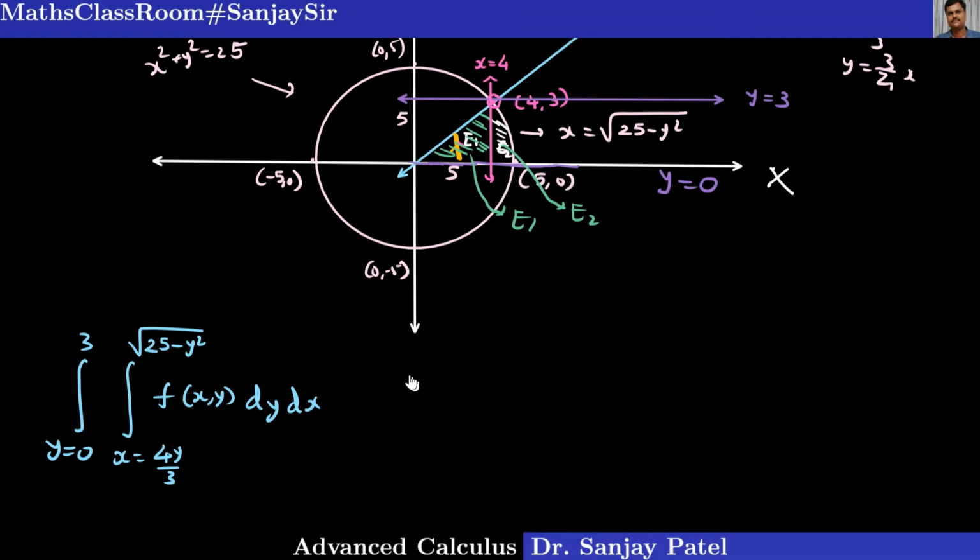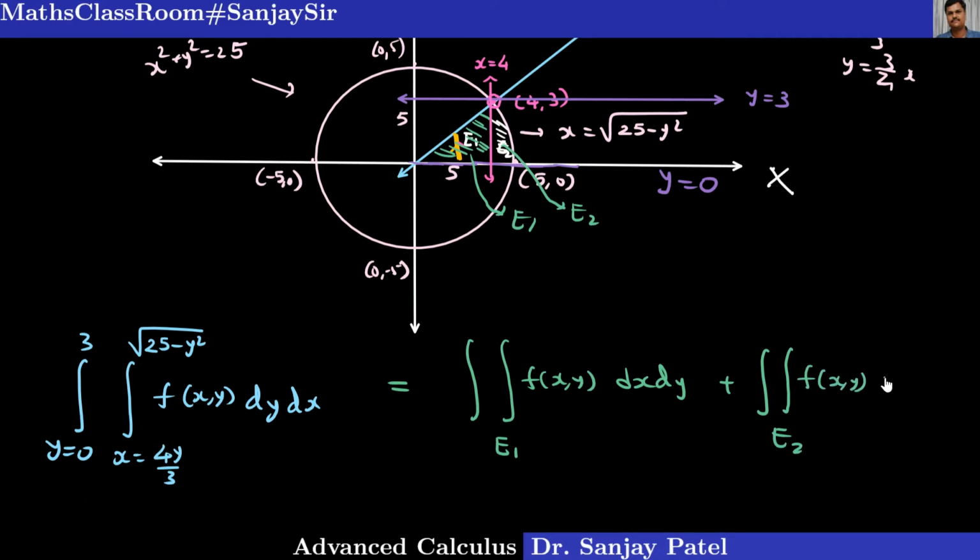So what we should do is, always write it this way so that it will be easy for you to write down the limits of integration. This double integral is equal to the double integral over E1 of f(x, y) dx dy when you change the order, plus the double integral over E2 of the function f(x, y) dx dy.